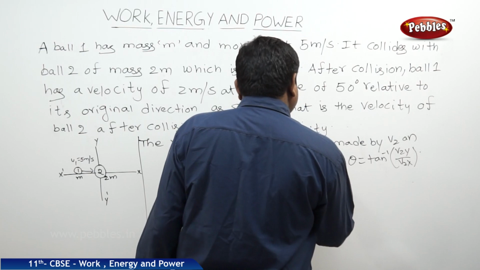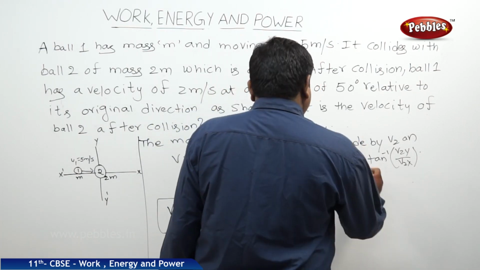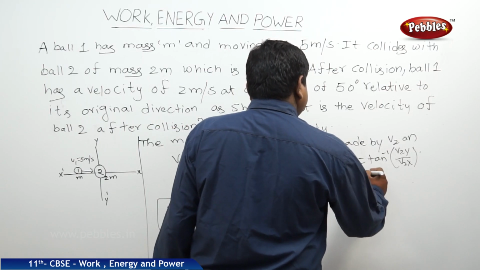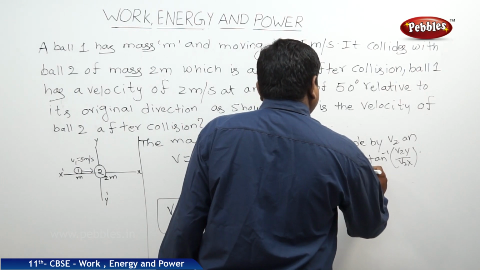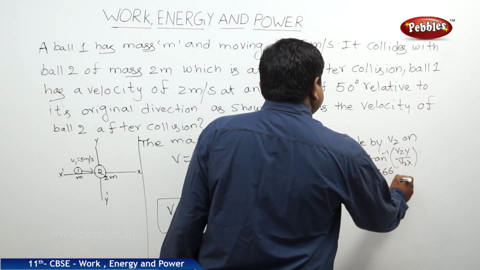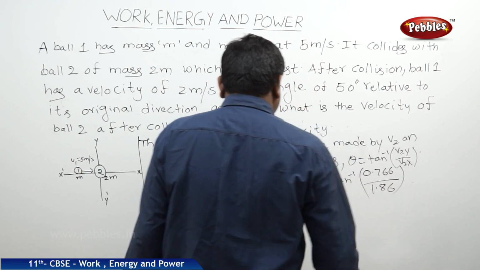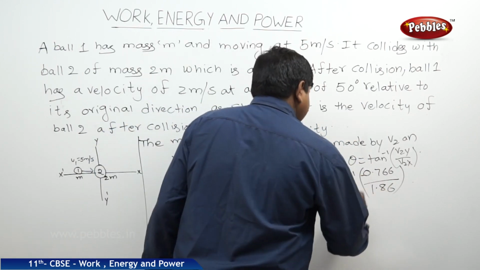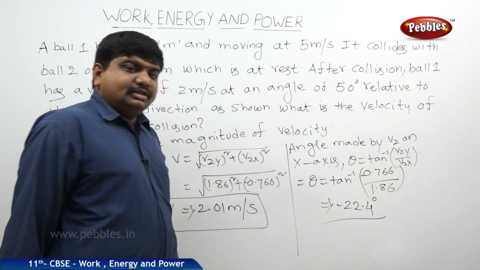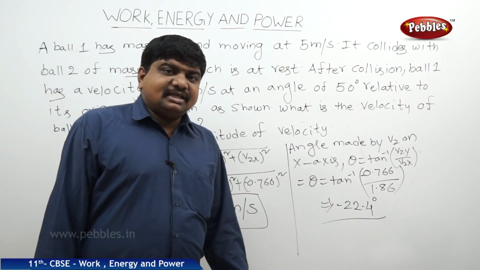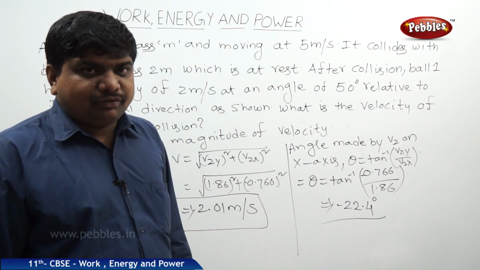So therefore theta is equal to tan inverse of minus 0.766 by v2x 1.86. So finally we will get minus 22.4 degrees. This is the angle made by the velocity component v2 with respect to x-axis is minus 22.4 degrees.